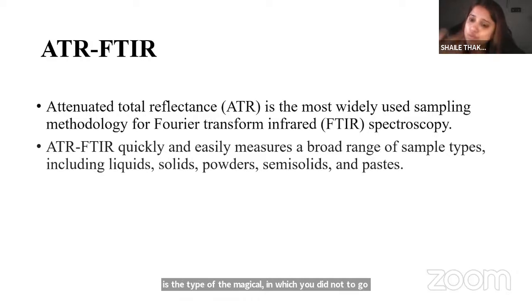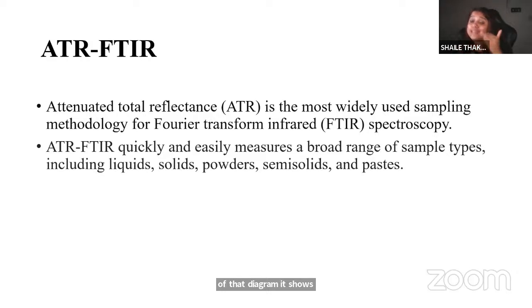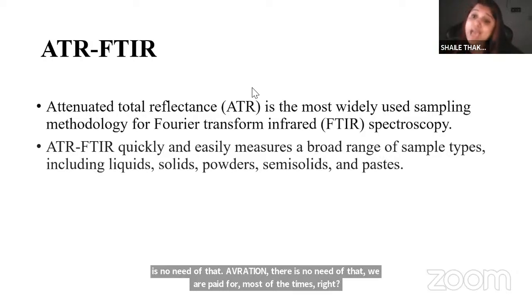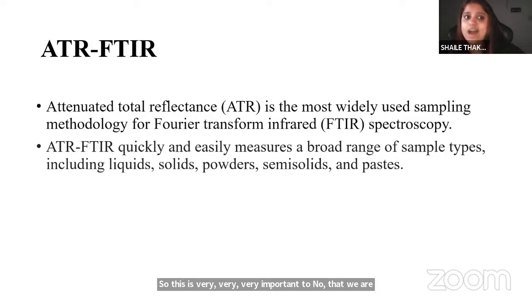If you put the sample directly on the stage of the instrument, the stage is made up of diamond. Because of that diamond, it shows the attenuated total reflectance property, which gives the history of the sample, right? So there is no need of sample preparation in ATR FTIR. There is no need of KBr plate preparation most of the time, right? So it is very, very important to know that we have such a facility.